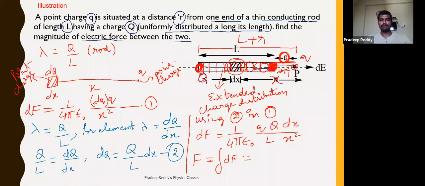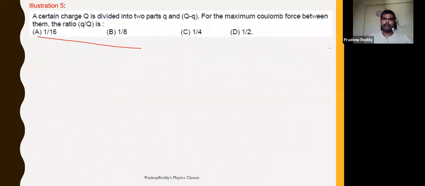Therefore, when you are integrating, the limits of integration should be between r and L plus r, right? So it should be r and L plus r. I'll explain that in this slide.